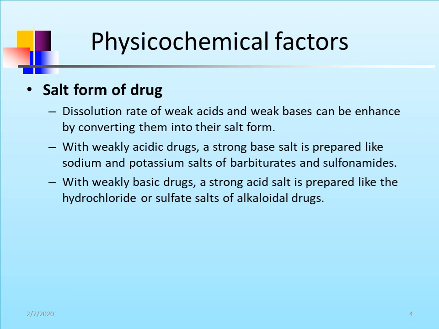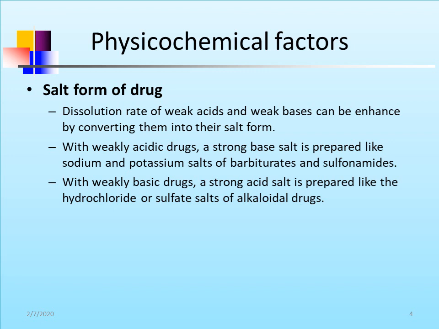Generally, weakly acidic drugs form salts with a strong base like sodium or potassium. For example, the barbiturates like phenobarbital sodium, and sulfonamides. Whereas weakly basic drugs form salts with a strong acid, like hydrochloride or sulfate salts.